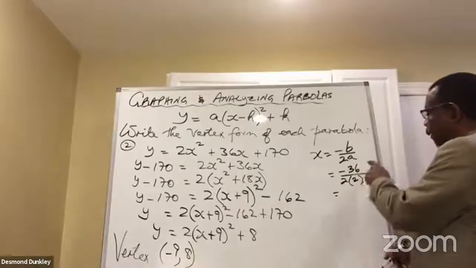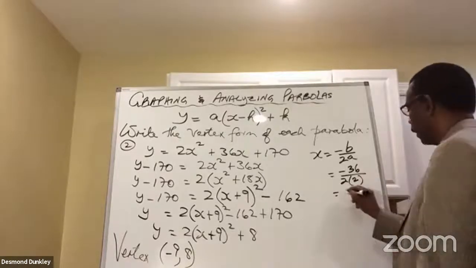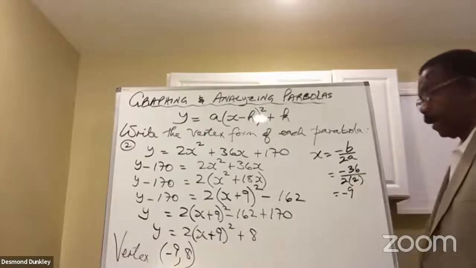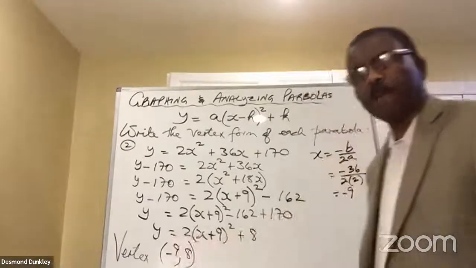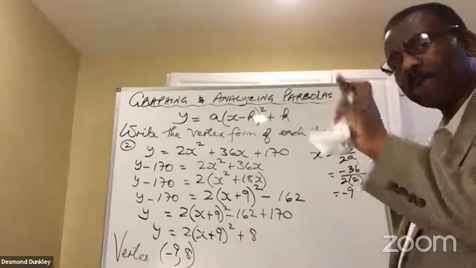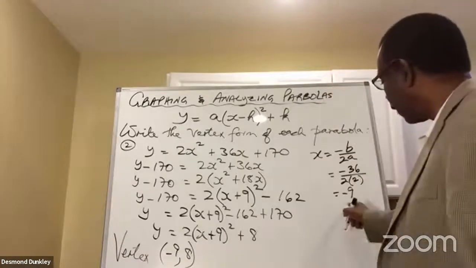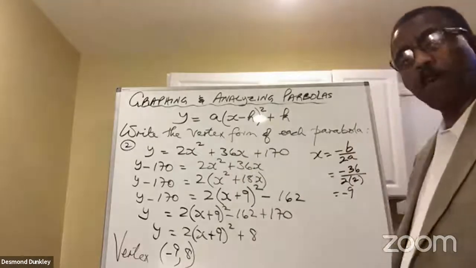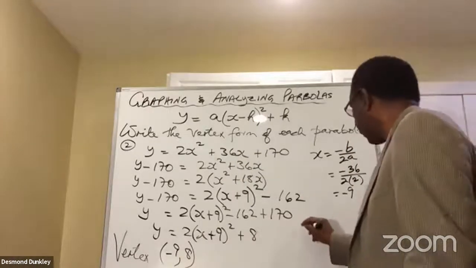So we see that negative 36 divided by 4 gives me negative 9. There is a negative 9 for the x value. Keep your fingers crossed. Let's see if when we plug in negative 9 into that equation, we get 8 for the y value. Let's go.